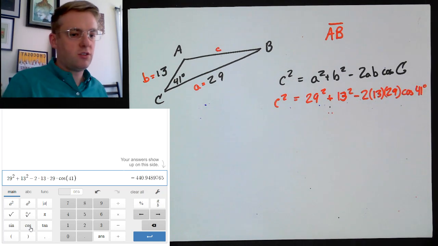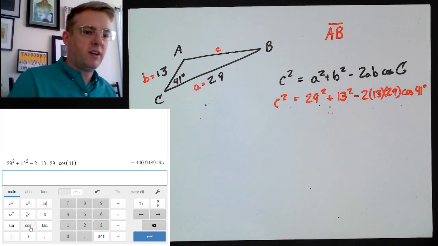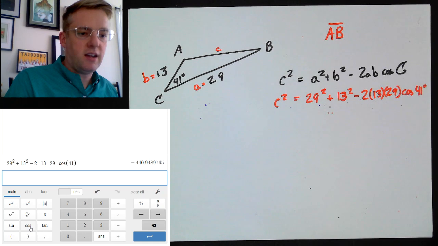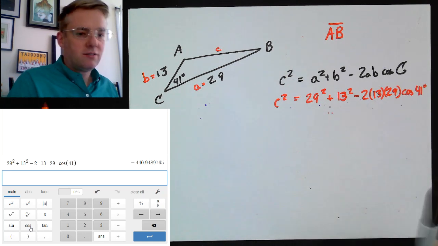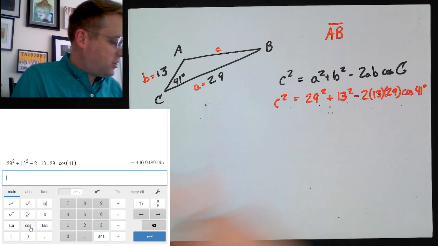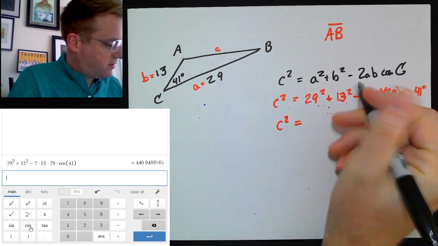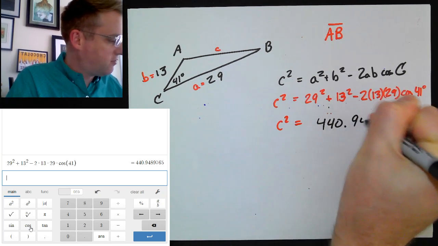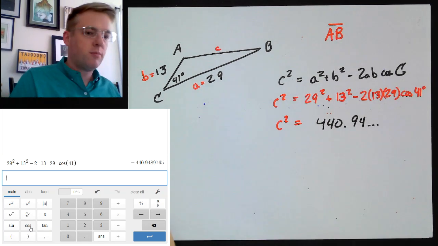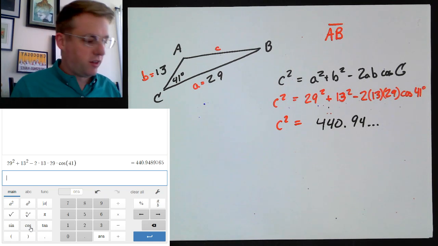All right, so that expression comes out to 440.948. I'm going to write it down as 440.94 and so on, because I'm going to leave it on my calculator as the full decimal there.